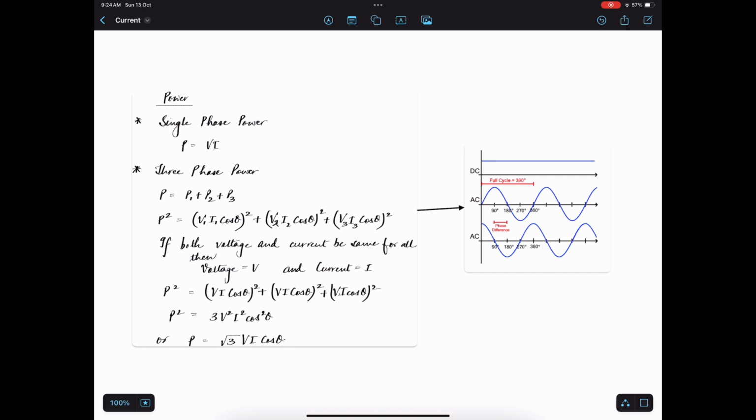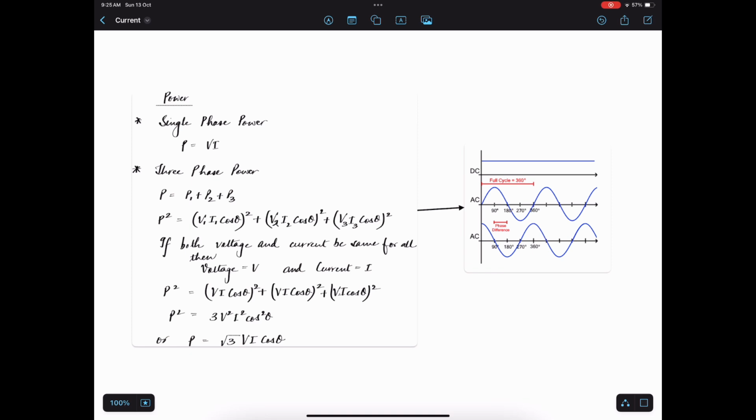If you assume this is for voltage, then I would say in terms of voltage, the voltage is zero in the first AC case at 180 degrees, and the voltage becomes zero at 90 degrees in the second case.